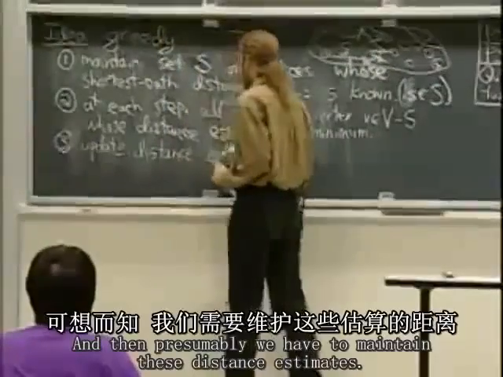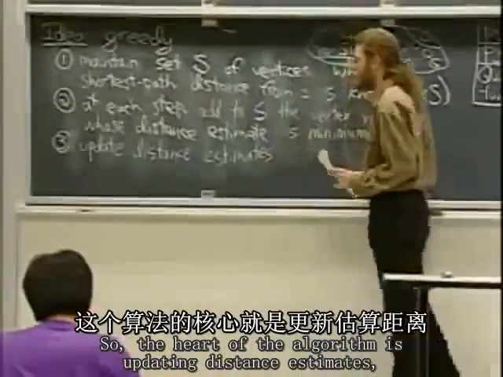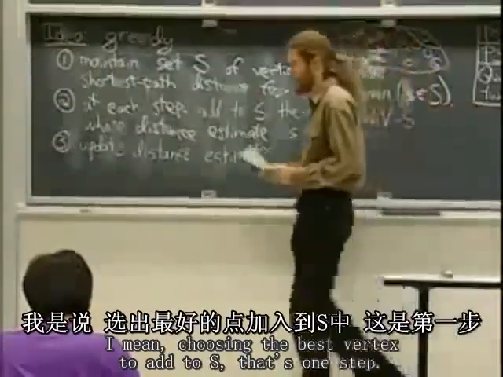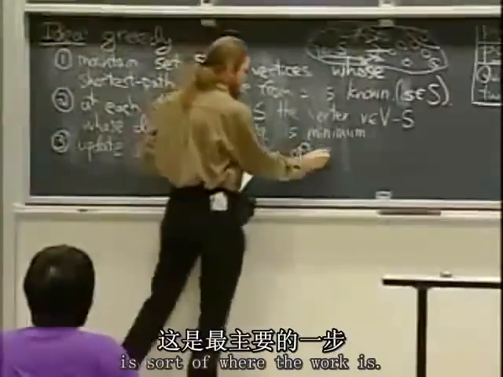And then presumably we have to maintain these distance estimates. So the heart of the algorithm is updating distance estimates. Choosing the best vertex to add to S, that's one step. Then updating the distance estimates is where the work is.